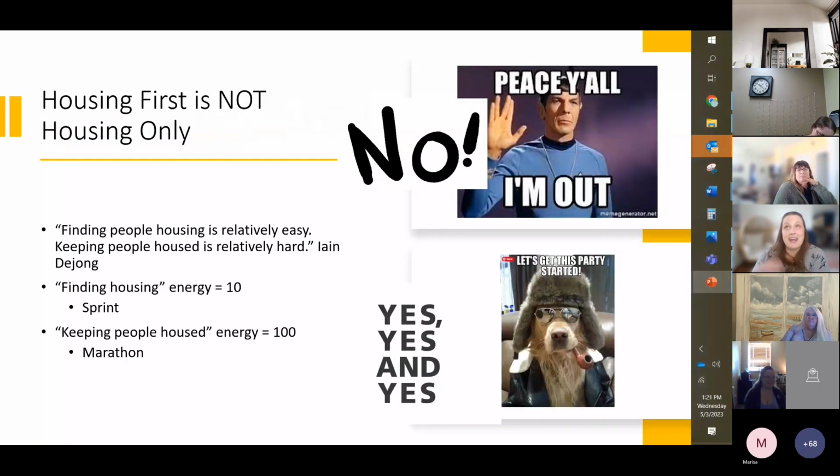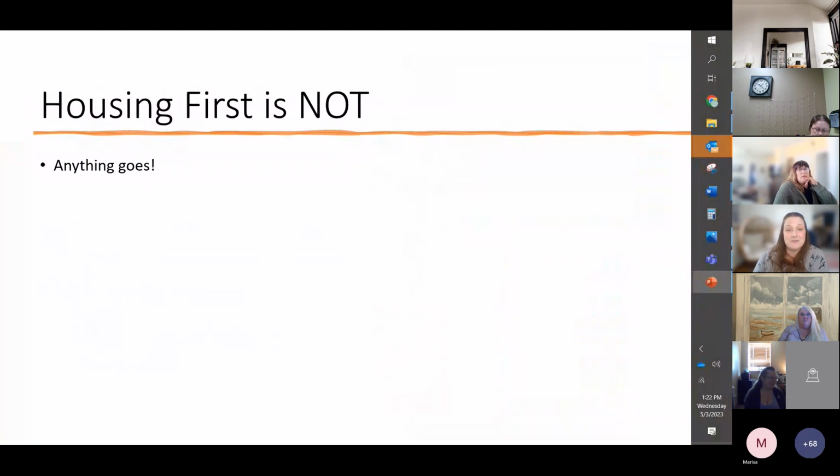And again, we have our presentation, You've Got Housing, Now What, which is really dedicated to all the tools we use with people when they're housed to help support them. So Housing First is also not anything goes. I've provided some technical assistance to other agencies in our community and others that really struggle with this concept.